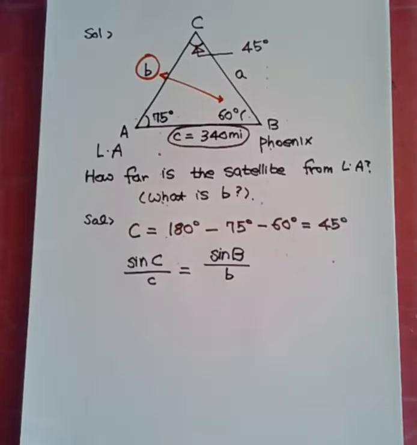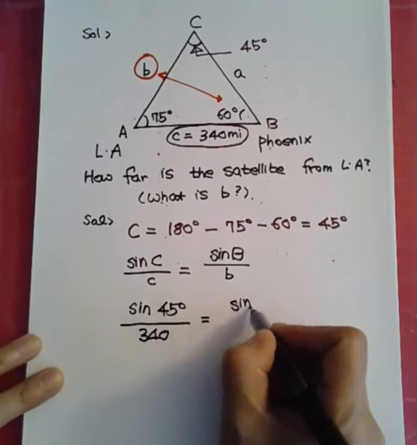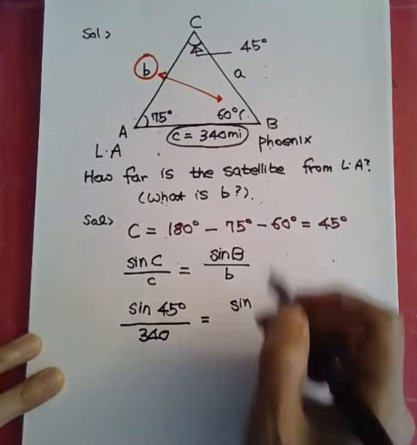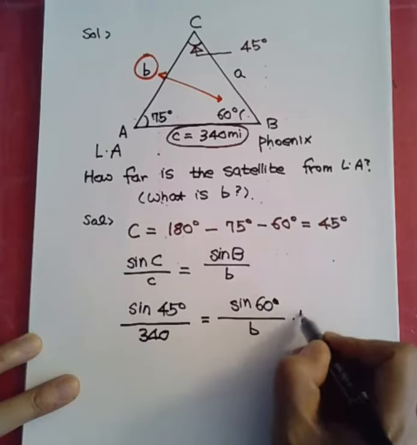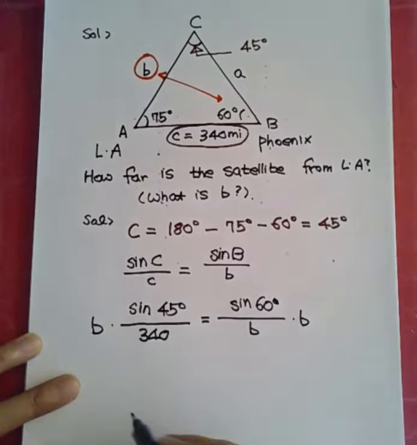Let's do substitution. The angle C is 45 degrees here, and the side length C is 340, and that equals sine of the larger B, which is 60 degrees, over B. So we multiply by B on both sides, then we get B times sine of 45 degrees over 340.